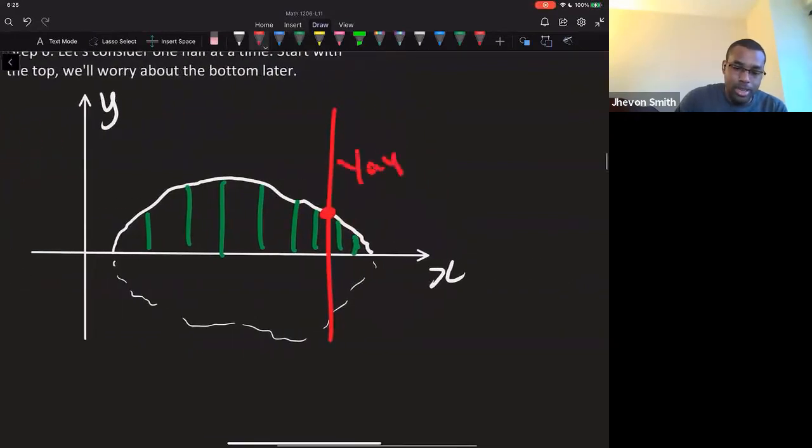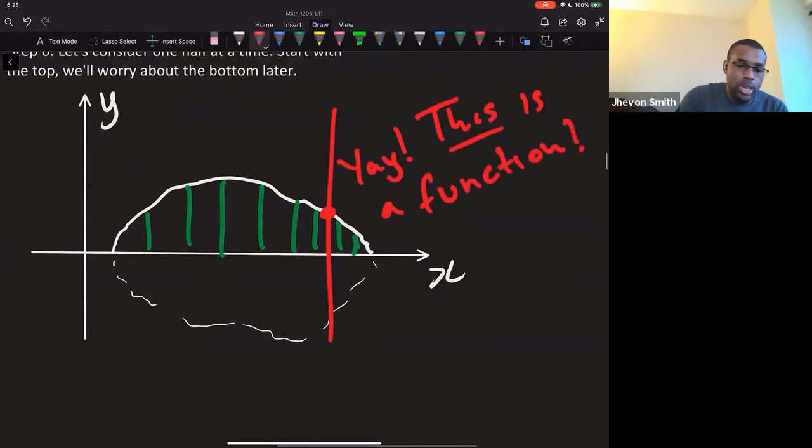So yay, this is a function. So we can find one part at a time. We can find the area of the top half by dissecting it into these little things, and then we can repeat the process for the bottom half, right?